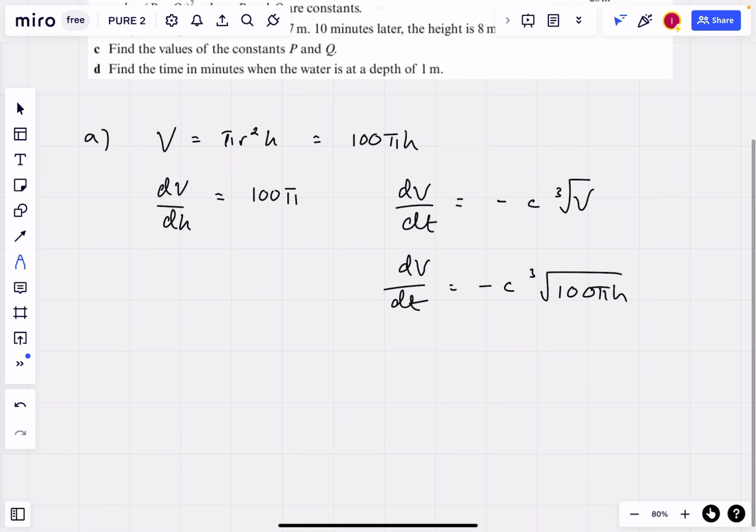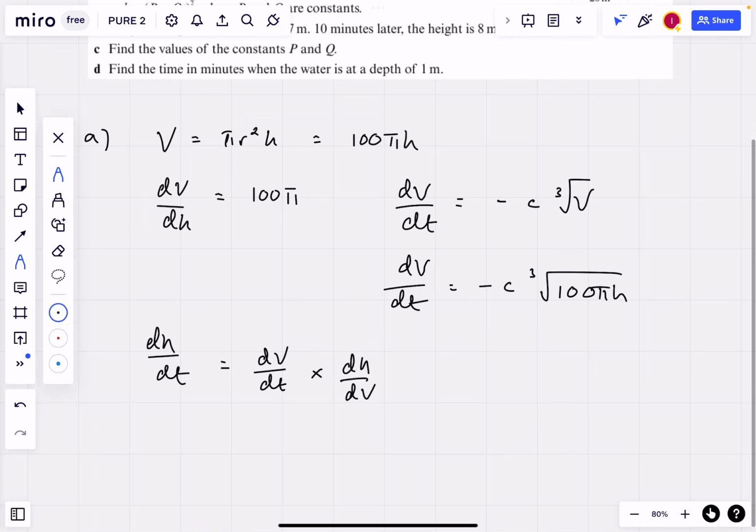With the chain rule, dH by dt is going to be dV by dt times dH by dV. Yeah? Which is this equation flipped upside down. dV by dt is minus C cube root of 100 pi h, and we're going to times by 1 over 100 pi.